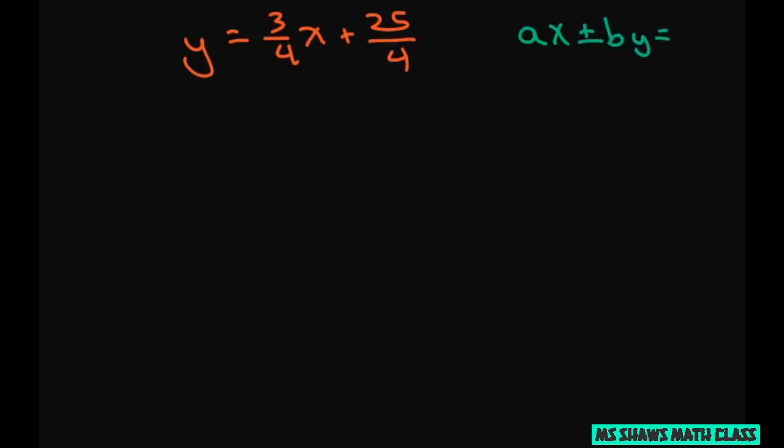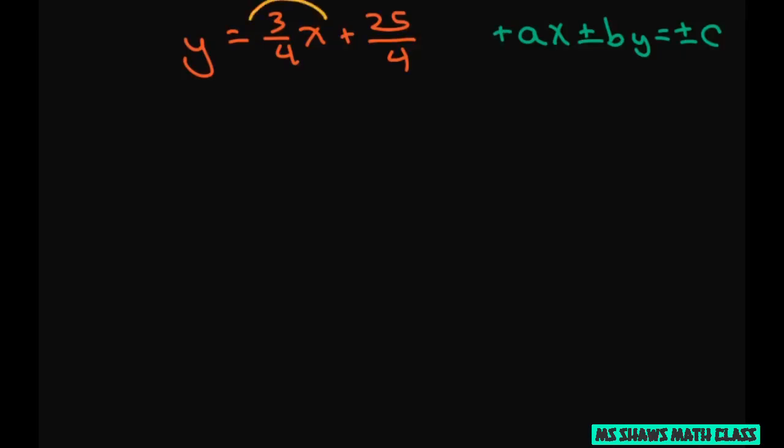Now let's go ahead and put this in standard form. Standard form just means ax plus or minus by equals plus or minus c. This has to be positive and no fractions.